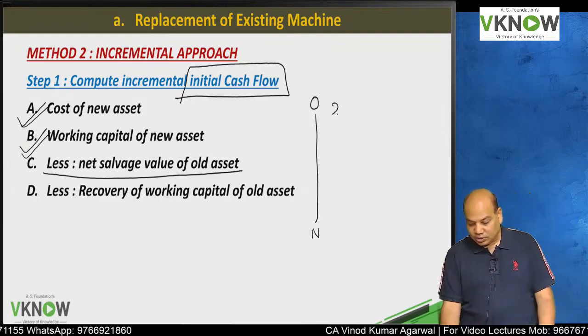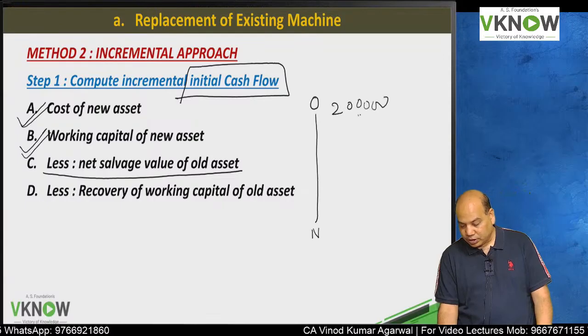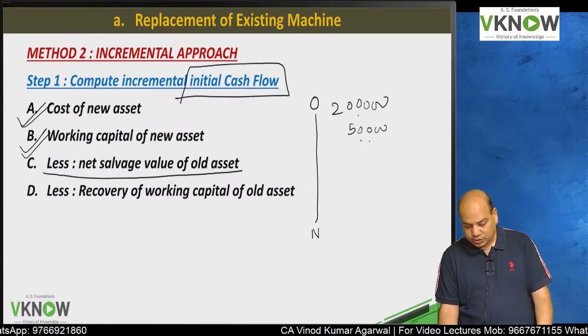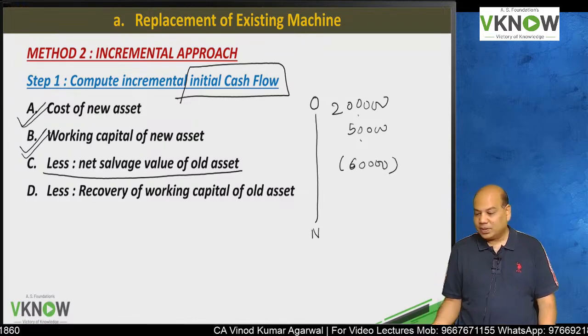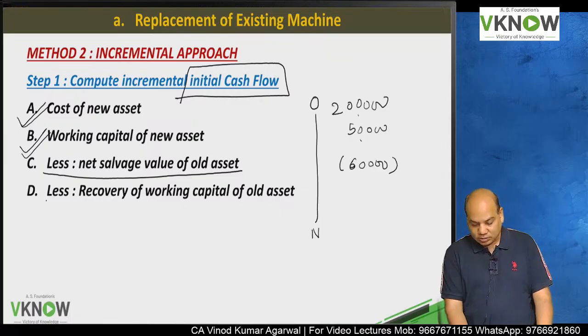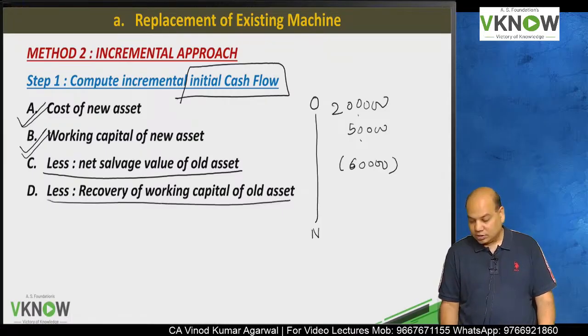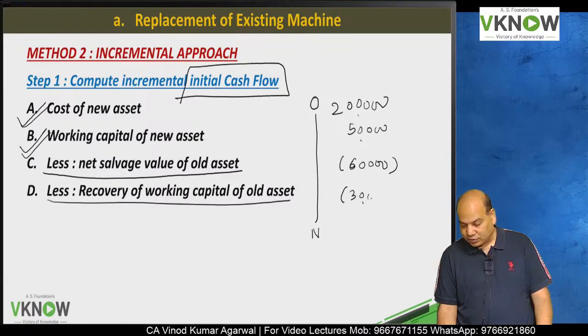So this is my investment, 2 lakh rupees. Working capital required, suppose 50,000. The old asset can be sold for 60,000, net of expense, net of tax, and working capital of the old asset will be recovered, say 30,000.